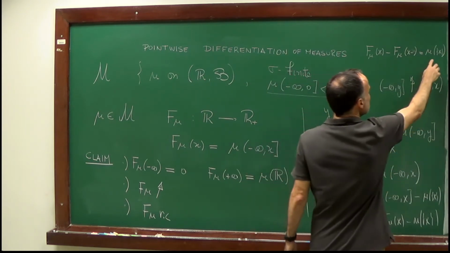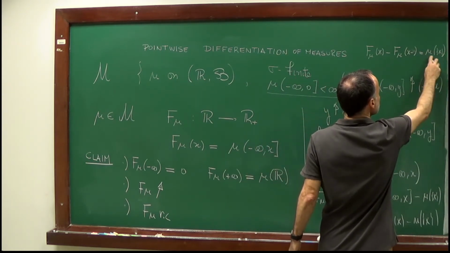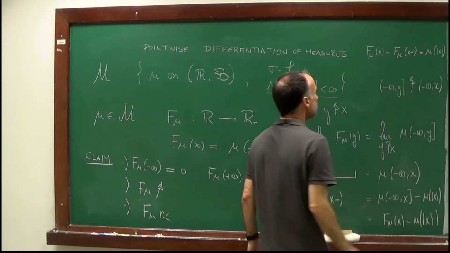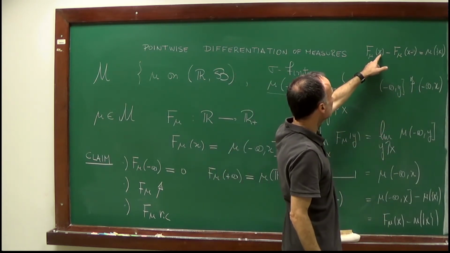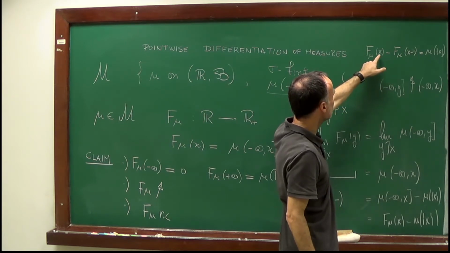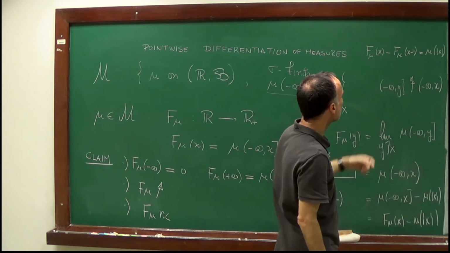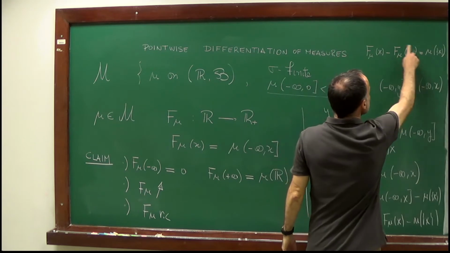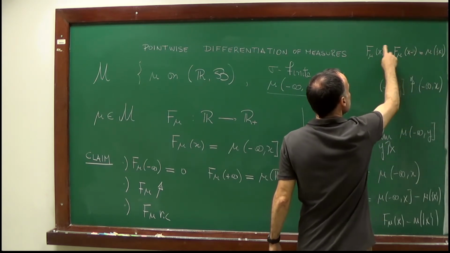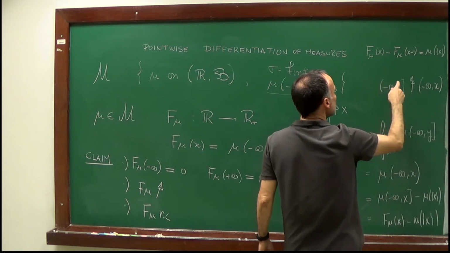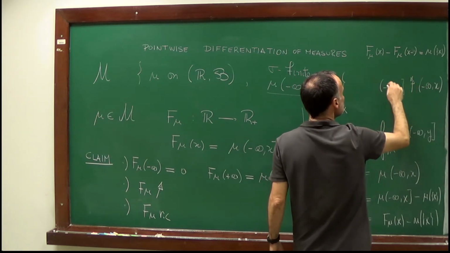Which means that if the measure of the point x is equal to 0, then the left limit is equal to the right limit, because the right limit is f_mu of x, because f_mu is right continuous. So if mu of x is equal to 0, the right limit is equal to the left limit, which means that f is continuous.